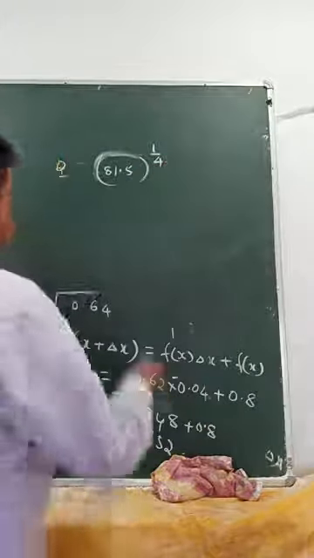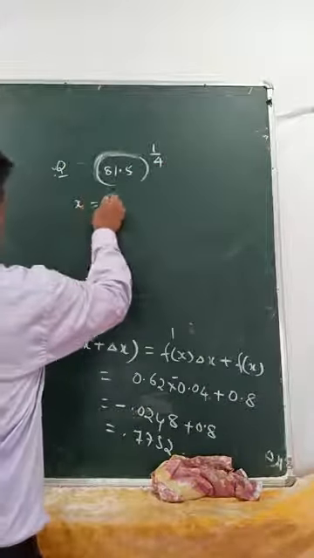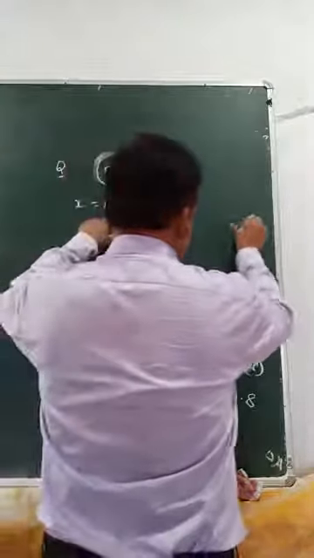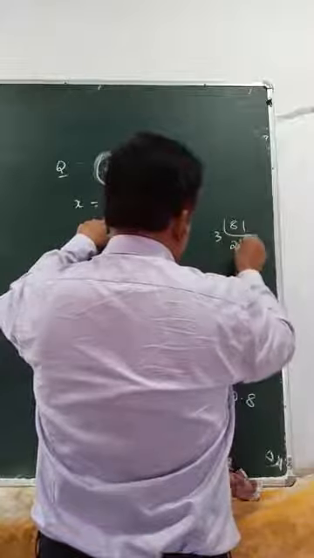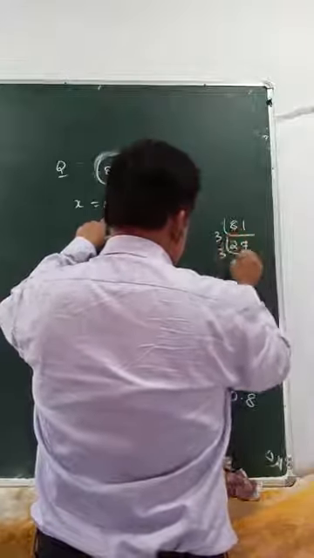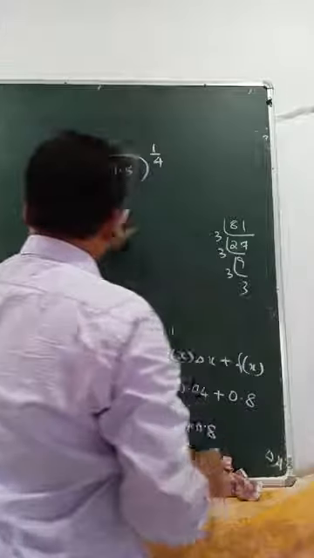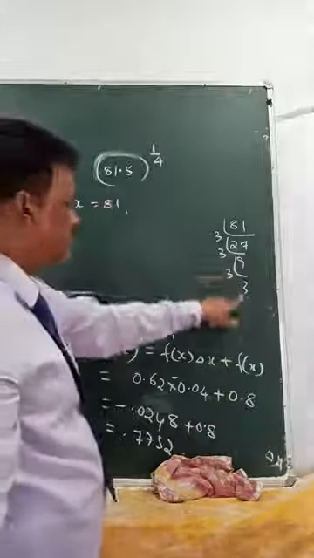So the nearest number is, your x will be 81, because 81, look at here, 3 to the power 4. Out of 4 you take 1, so its fourth root can be found out.